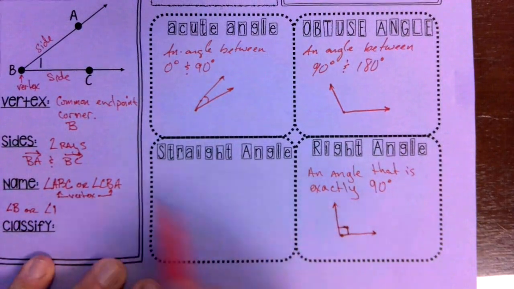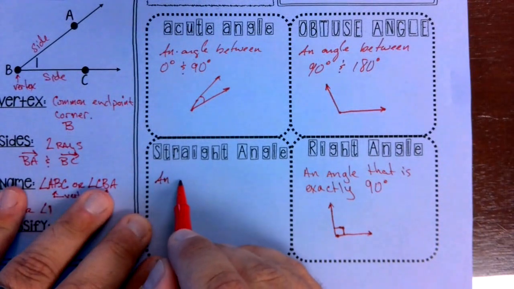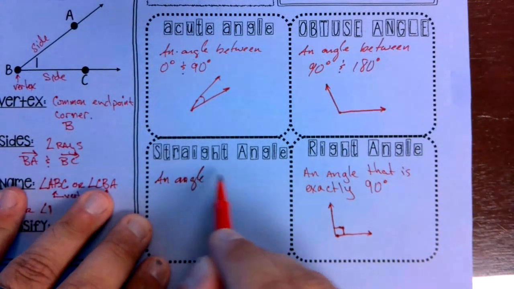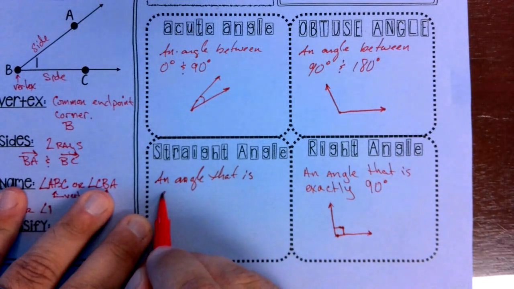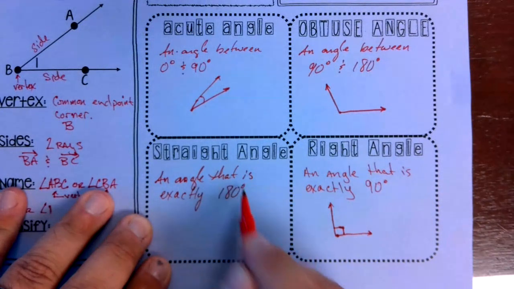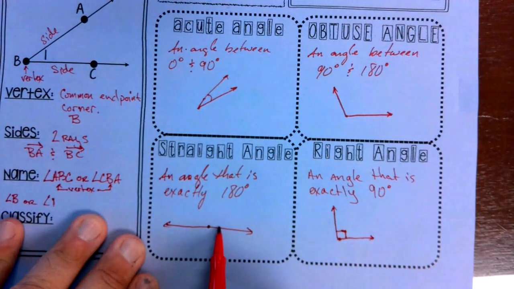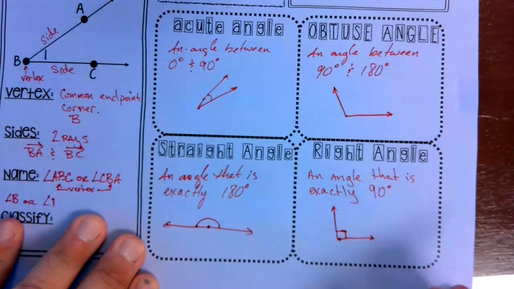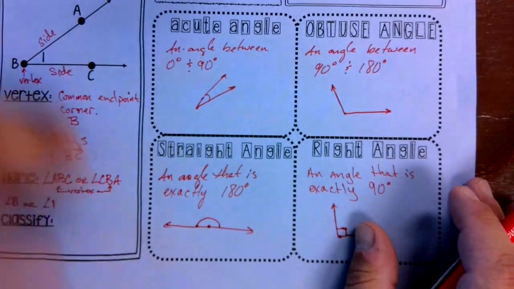And then a straight angle is an angle that is exactly 180 degrees. And it looks like that. It's really just a straight line. That's why it's called a straight angle. So acute, obtuse, right, straight.